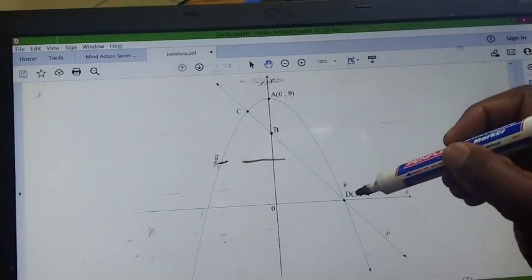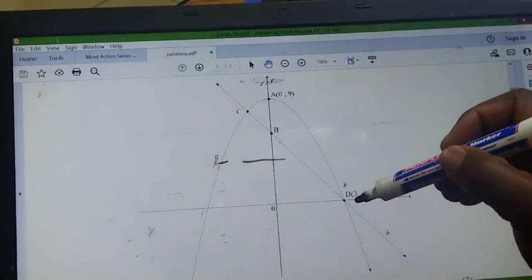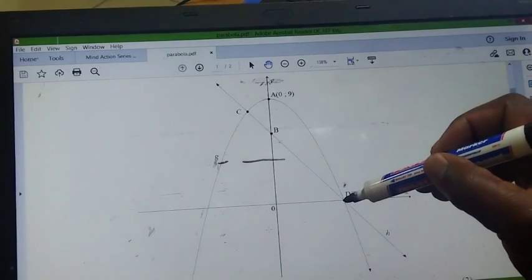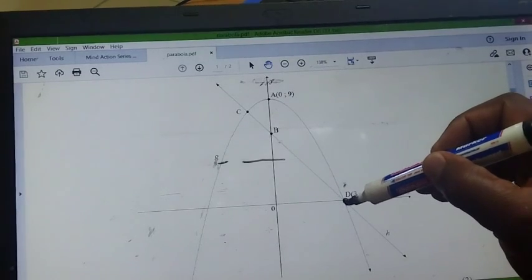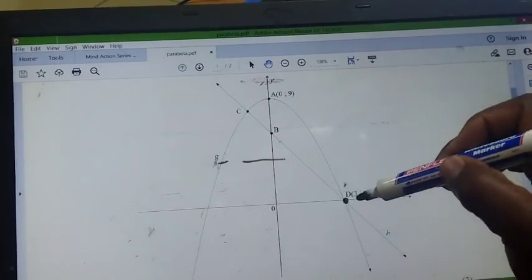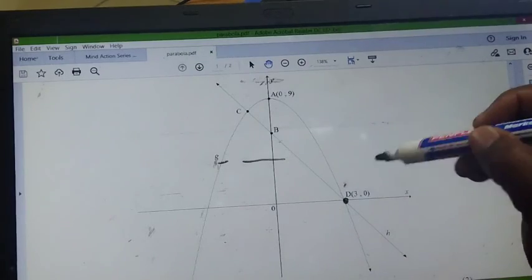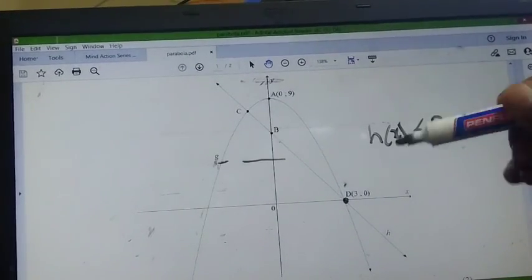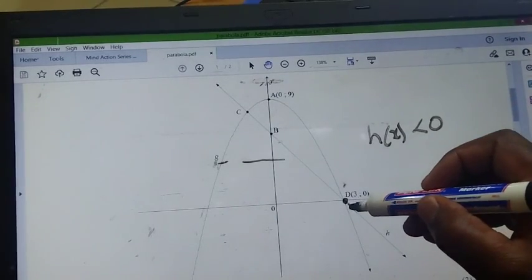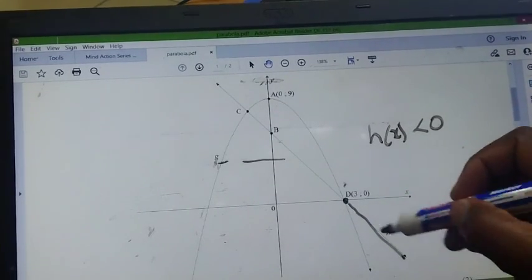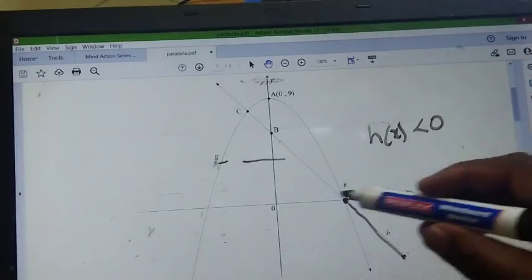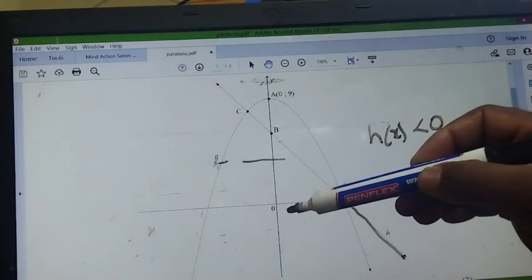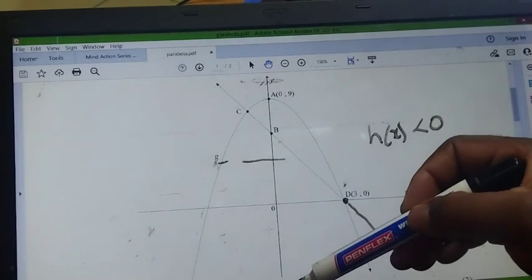So for the values of y, this is where the graph goes below the x-axis. Remember, when we say h of x is less than 0, we are talking about the part of the graph that falls below the x-axis, because the x-axis provides the boundary line for the values of y that are positive and the values of y that are negative.